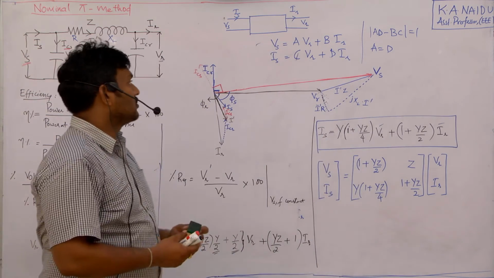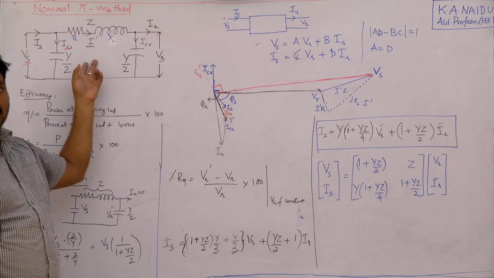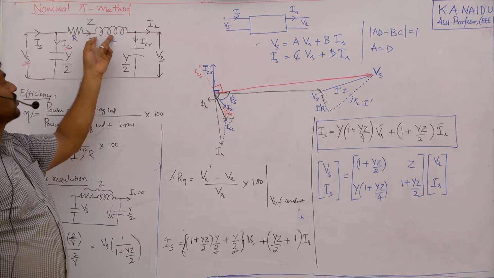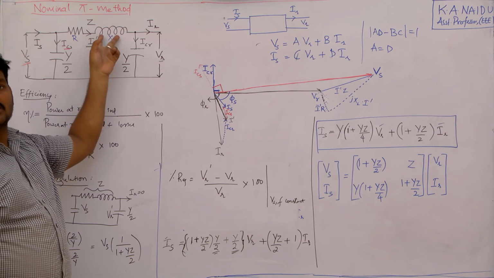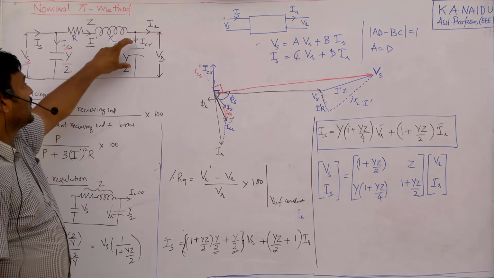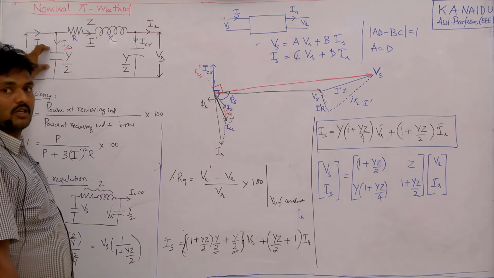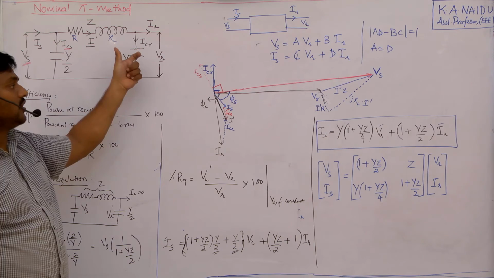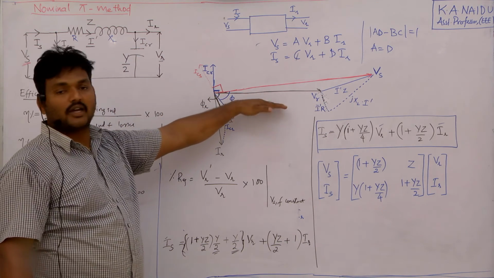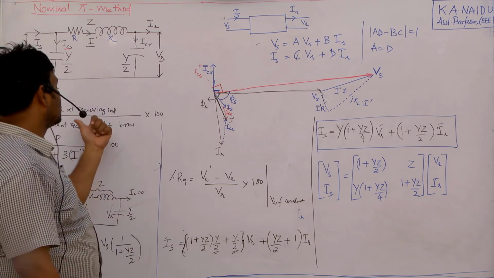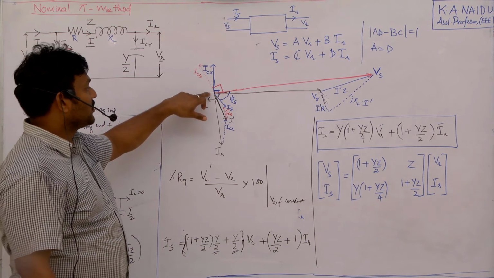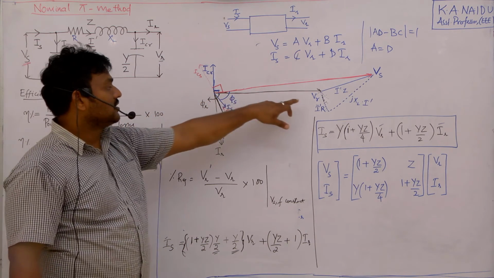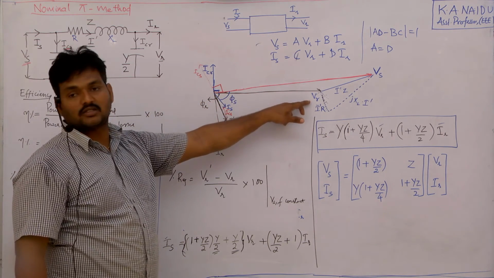Here, to summarize, initially we have taken a nominal pi circuit which has the total series impedance, resistance and inductance lumped at the center, and then two capacitors that are halved and put at the sending end and the receiving end, and then we draw the phasor diagram based on the equations. From the phasor diagram it is clear that the receiving end voltage is taken as reference.